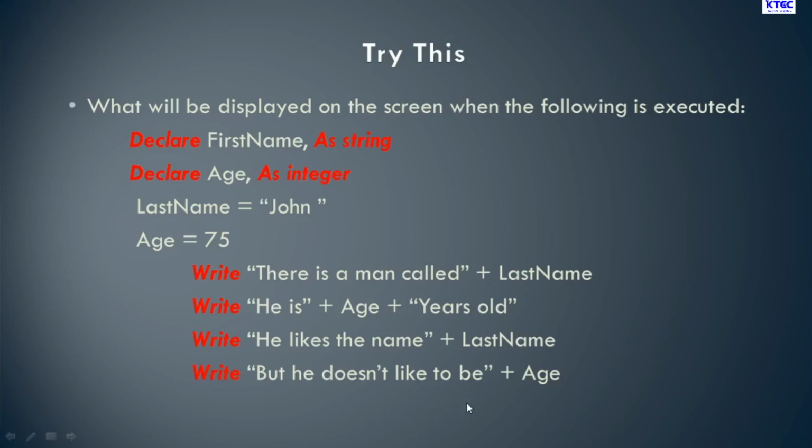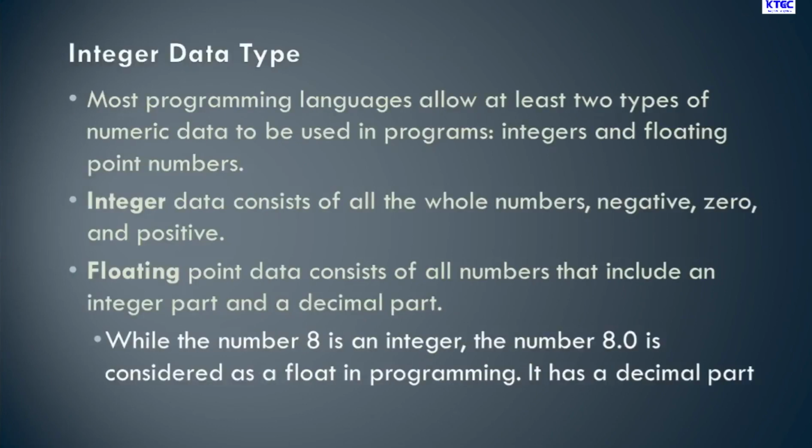Refer to the previous slides, the 2-3 examples I've done using concatenation. Don't forget this is a string, and I'm concatenating a string to the age. So when I call this age, what should be displayed here? You know that, so I wouldn't want to talk much. I think this will bring us to the end of this lesson. Try your hands on this. If there is any question, you go ahead and ask.